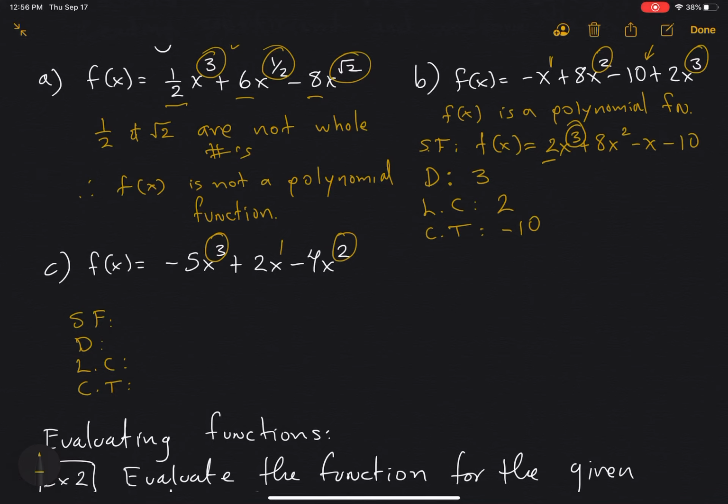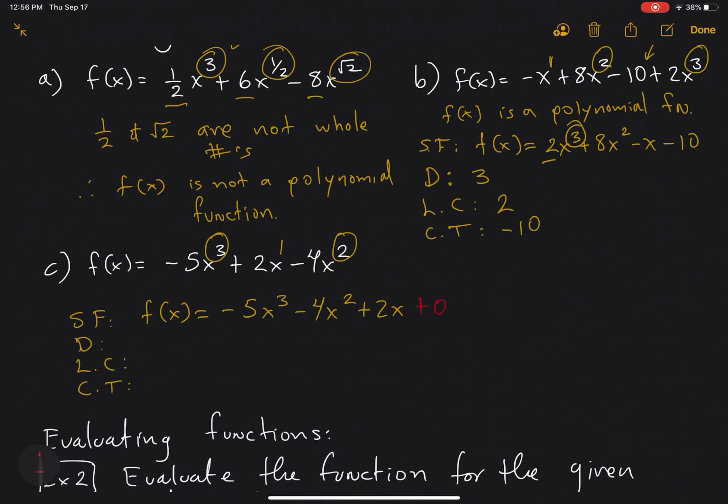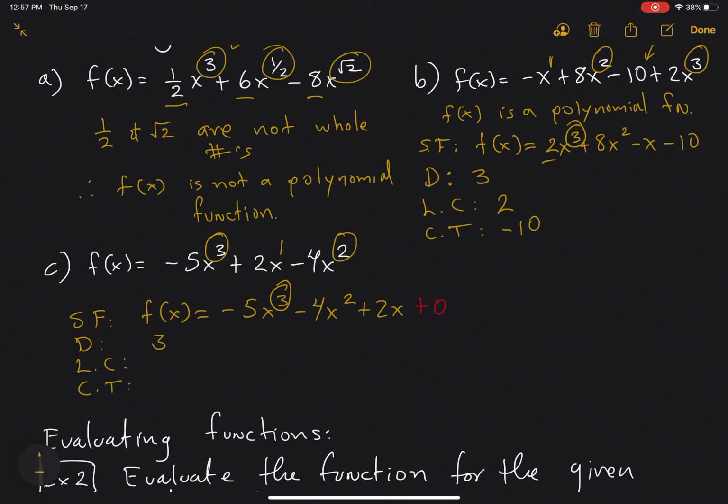And so in standard form, it would be negative 5x to the third minus 4x squared plus 2x. Notice that the constant term here is not there, but we could assume it's a 0. We could always add a 0 here. So that will be the constant term. You don't have to write it down, but just know that it's there. The degree of this polynomial function is 3. The leading coefficient is negative 5, and the constant term again is 0.